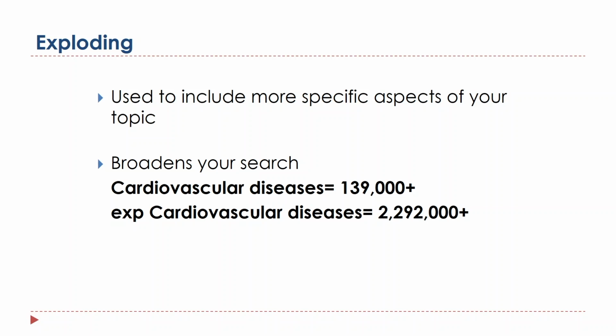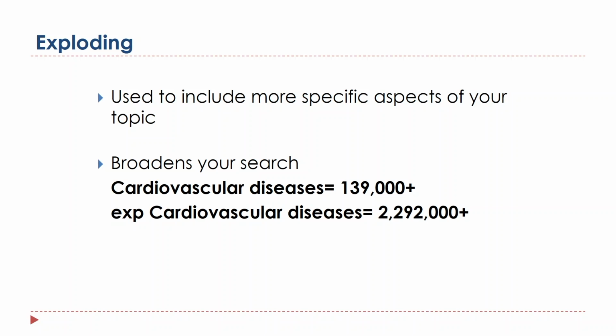Once we search for a MeSH term, we'll have the option to explode and to focus the term. Exploding means that we'll be including more specific aspects of our topic. So for example, within cardiovascular diseases, there are many different kinds of cardiovascular diseases. And if we explode our search, we'll be searching for all of those different kinds within the heading of cardiovascular diseases.